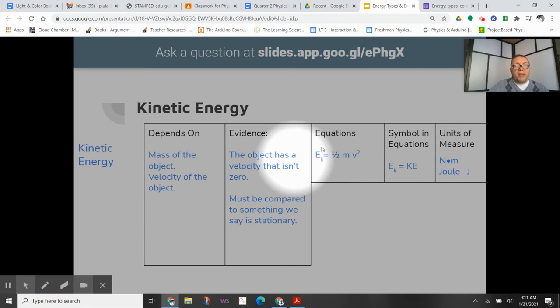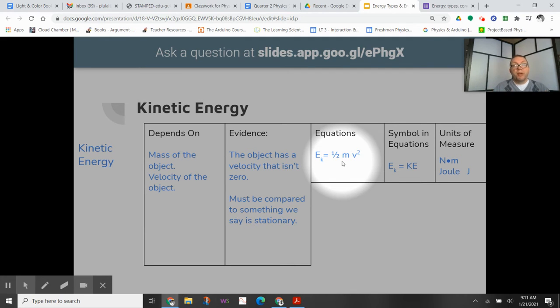The way we calculate kinetic energy: in a normal school year, we would try to show where this equation comes from, because it looks pretty strange, right? I mean, where do you get 1/2 and why do you square the velocity?